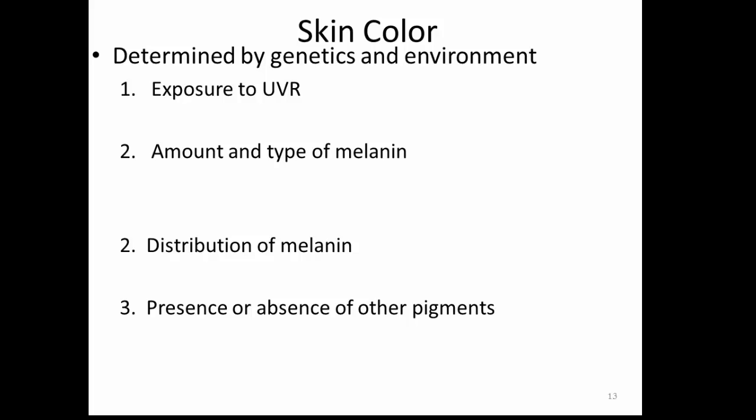And that's due to the hemoglobin, which contains iron, and hemoglobin and iron in our blood create a red color. Some individuals have a genetic predisposition to deposit yellow pigments into their skin, so that can create sort of a yellowing to the skin. So there are many different things that can contribute to skin color.